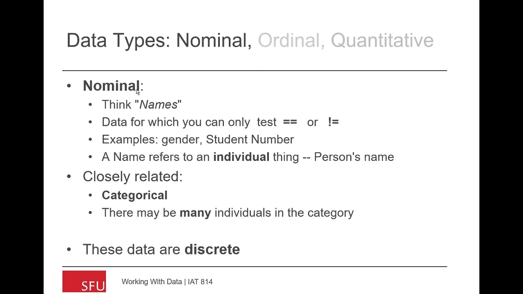Whereas with names, we tend to think that if there's a data case, that data case has a name, and if there's no name, there's no data case. And, as might be obvious, these data are discrete. There is no idea of one name being between two other persons' names. That doesn't mean you cannot sort them, but in terms of the actual computation on the values of the names, there's no such thing as names between other names.